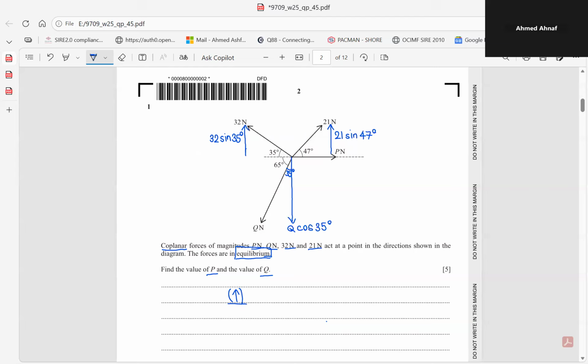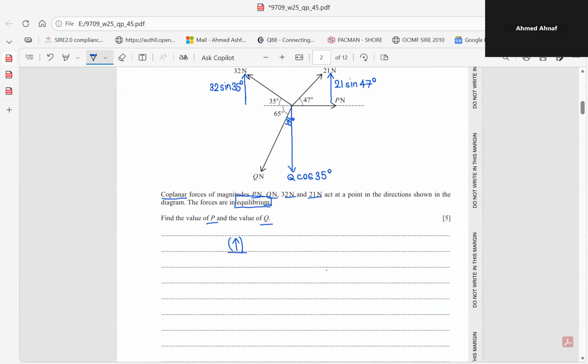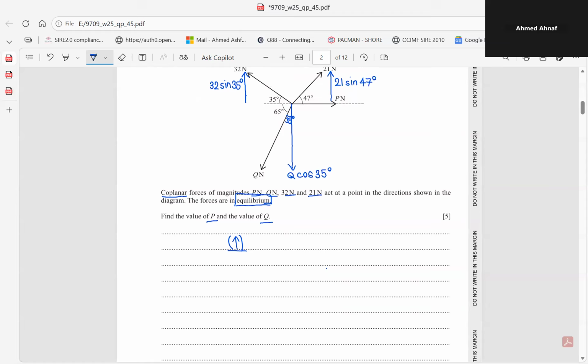That's all for the vertical forces. Now we're going to equate them together. So 32 sine 35 plus 21 sine 47 degrees equals Q cosine 35 degrees.